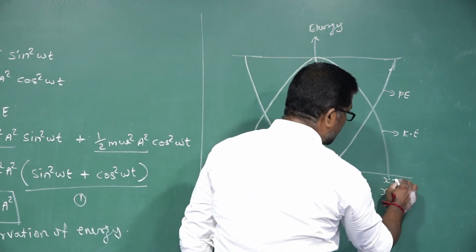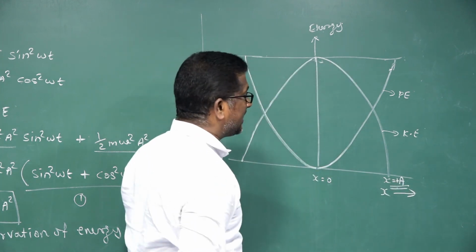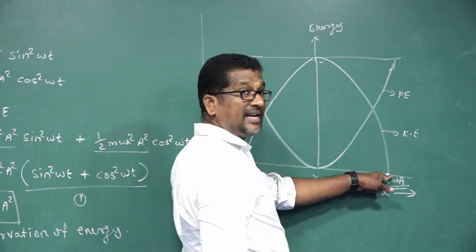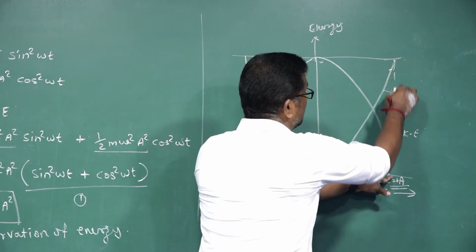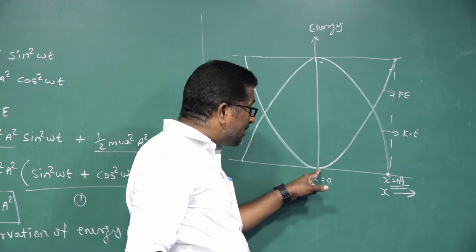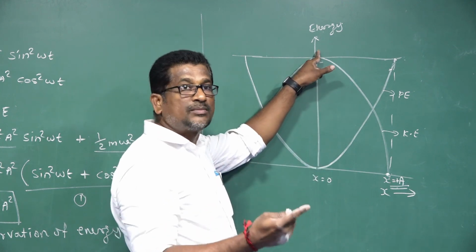If the displacement is equal to the amplitude, that is plus a, the kinetic energy value is 0, whereas the potential energy is maximum. It means at the mean position, potential energy value is 0 but kinetic energy value is maximum.